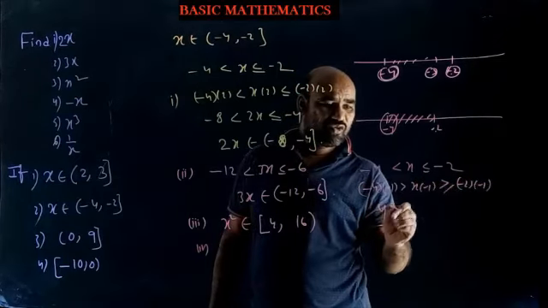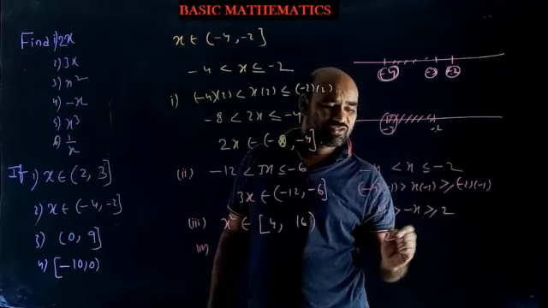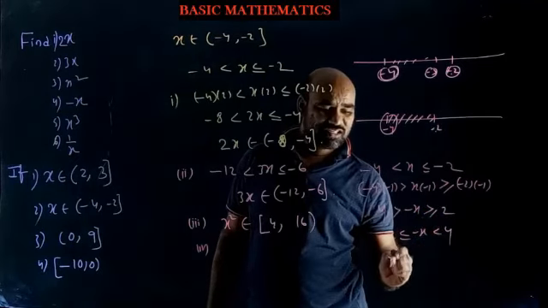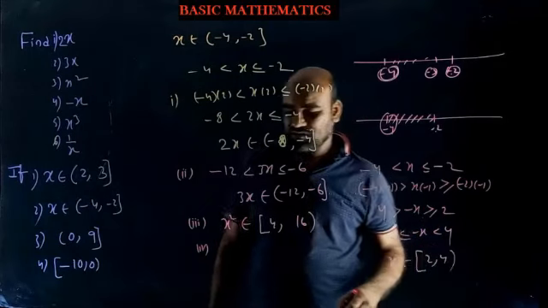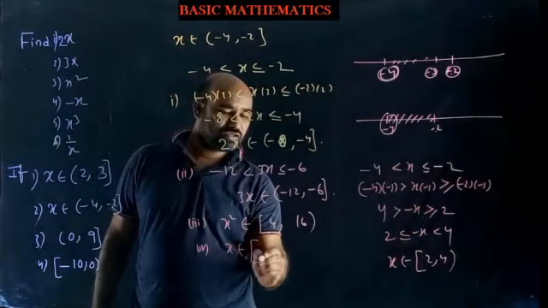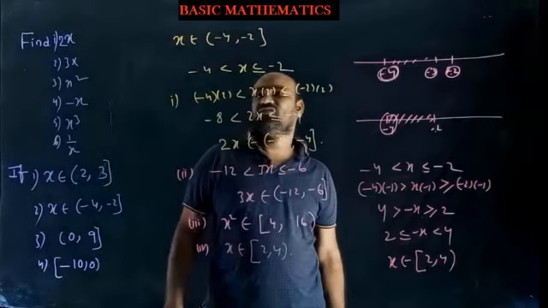This is 4 is greater than minus x is greater than or equal to 2, or in other words 2 is less than or equal to minus x is less than 4. So minus x belongs to closed 2 to open 4. That is the value of minus x for this problem.